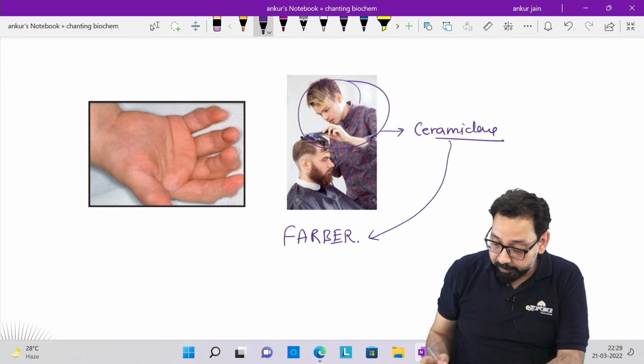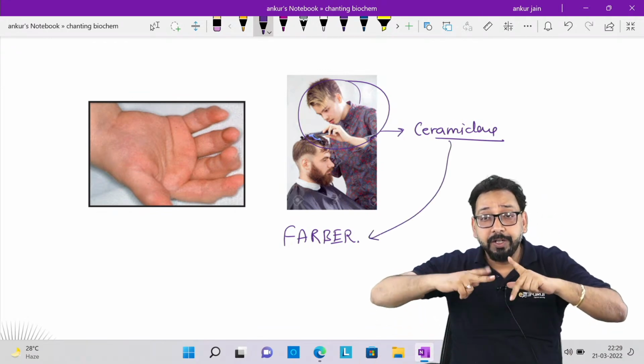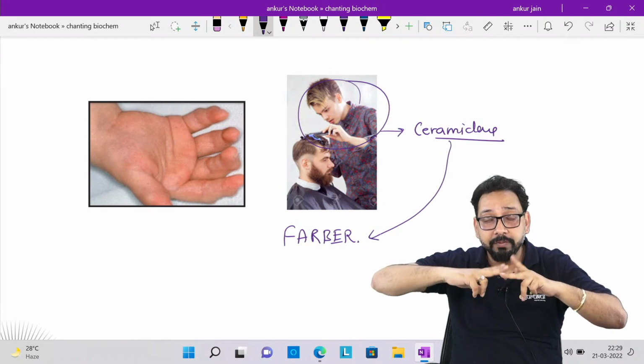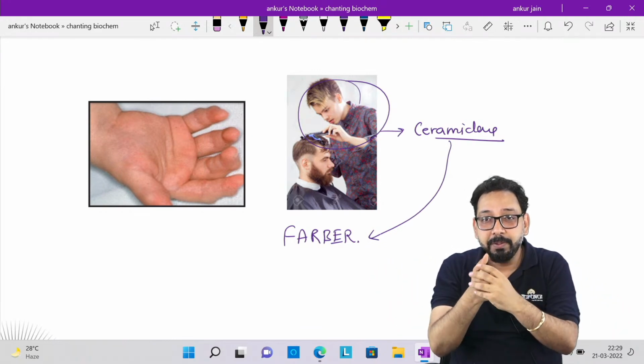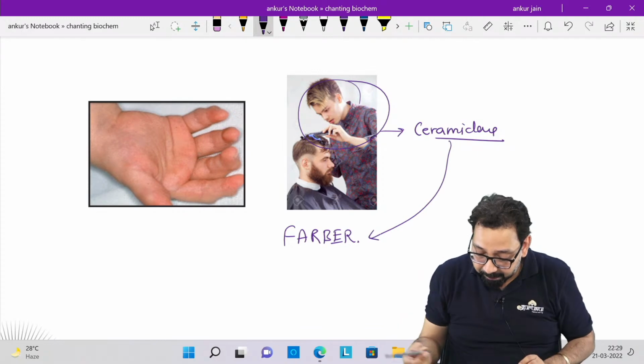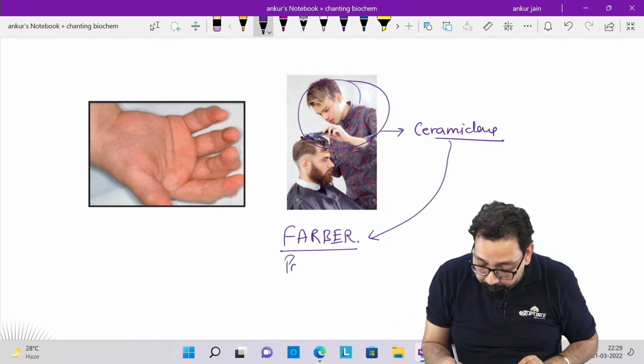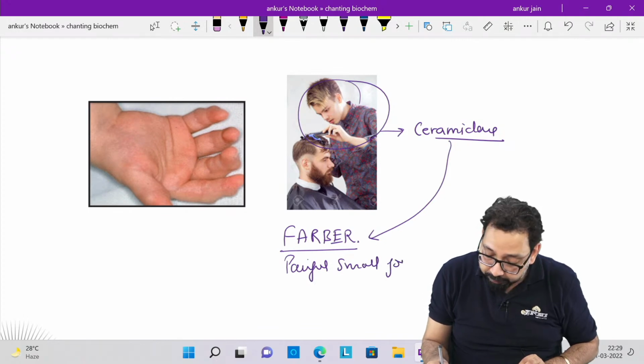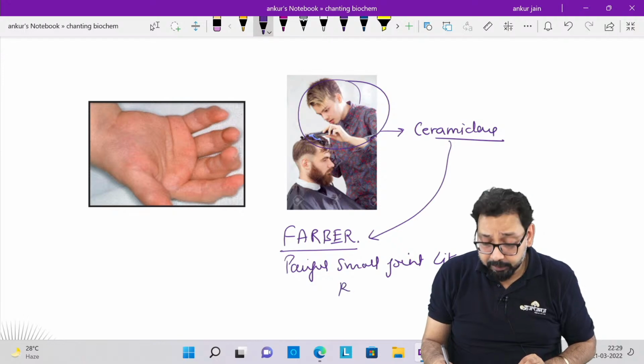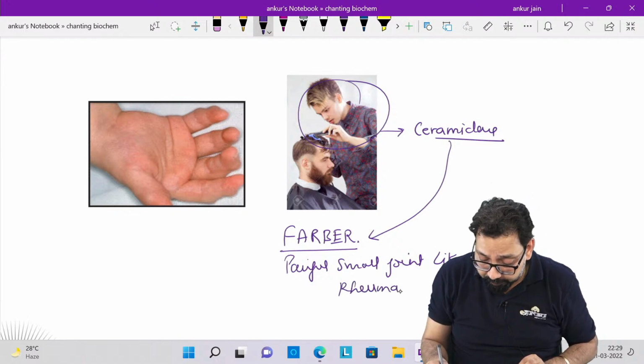Ceramidase Farber disease. If a person is cutting hair since morning to evening, his small joints would be painful. Yes, painful small joint, like rheumatoid arthritis.